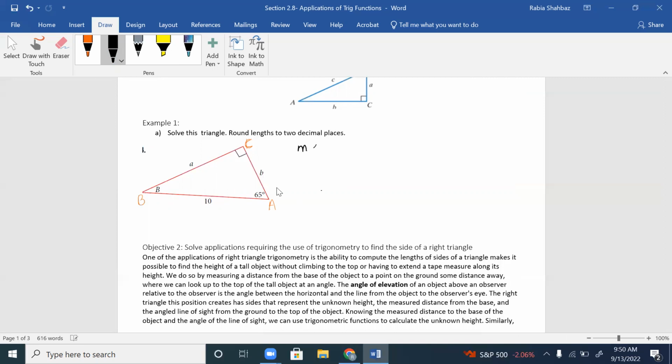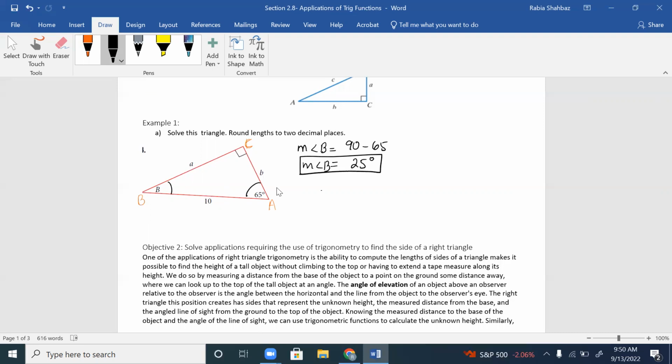So I can actually find the measure of angle B by simply subtracting 65 from 90 because together they should also add up to 90. You could still set up angle B plus 65 plus 90 and solve for angle B, but this would just be a step shorter. You will still get the same answer no matter what.